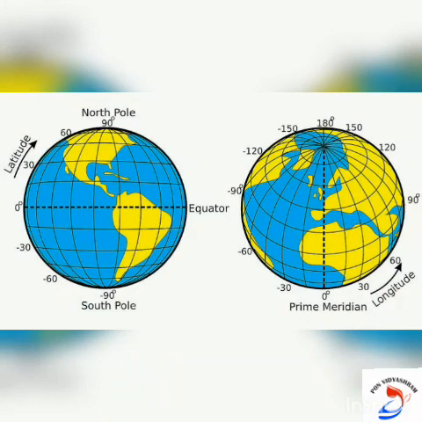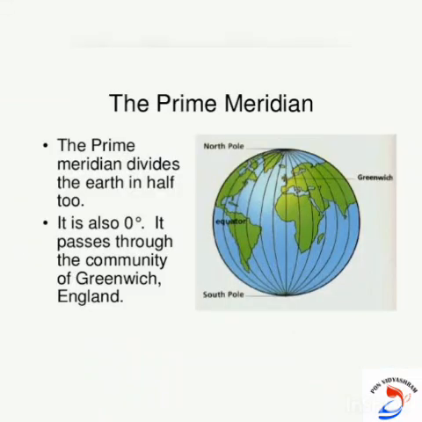Hence, all countries decided that the count should begin from the meridian which passed through Greenwich, where the British Royal Observatory is located. This meridian is called the prime meridian and its value is 0 degree longitude.